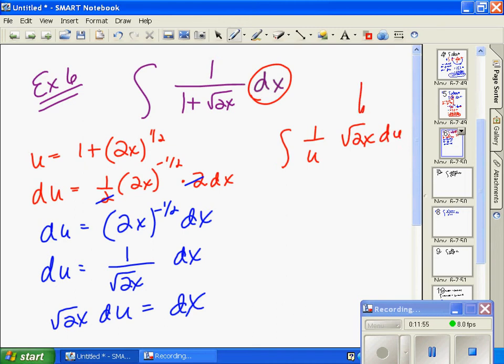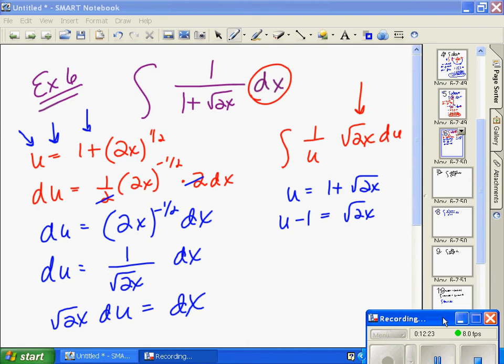My problem is right there, I still have something in terms of x. Now, we had a couple problems like this in the last couple lessons, and we had one of these on the test. So how do I get rid of that x term? Well, I look back at my u right here. I have u equal to 1 plus square root of 2x. So square root of 2x is the same as u minus 1.